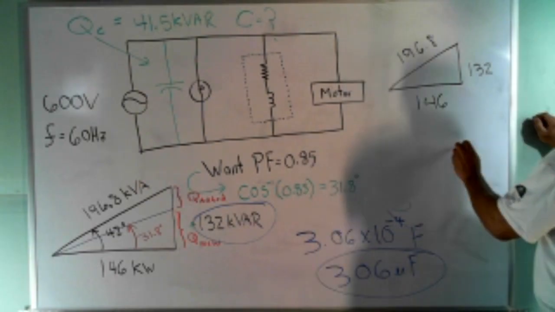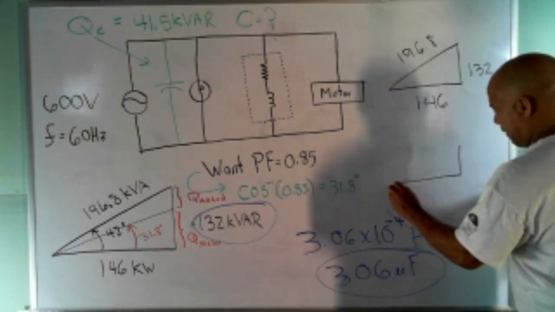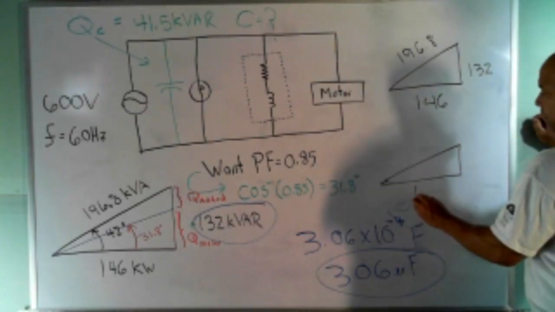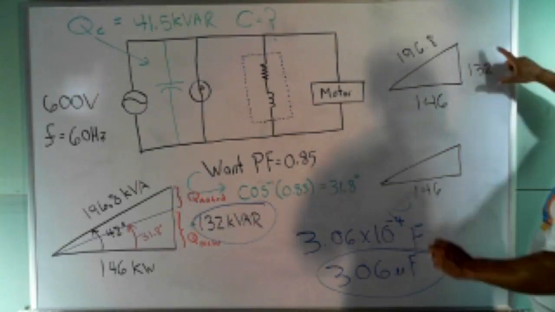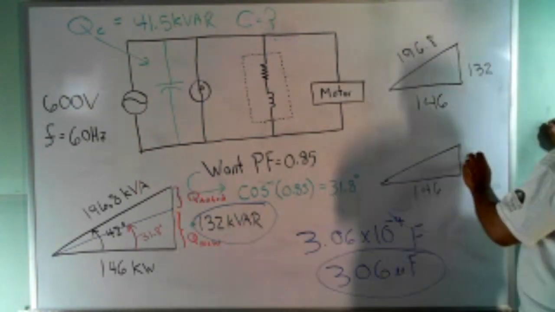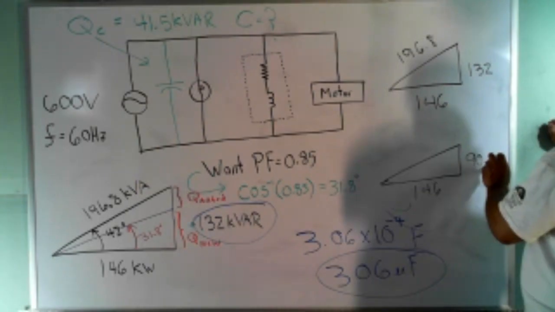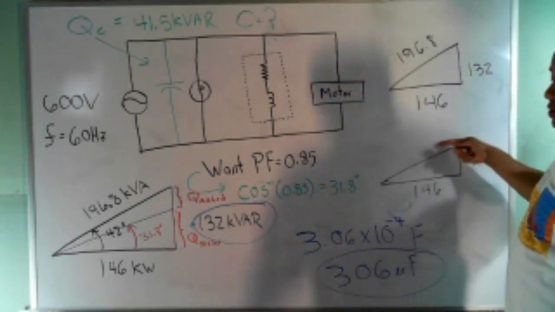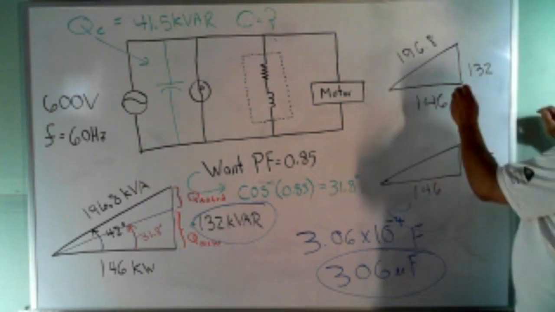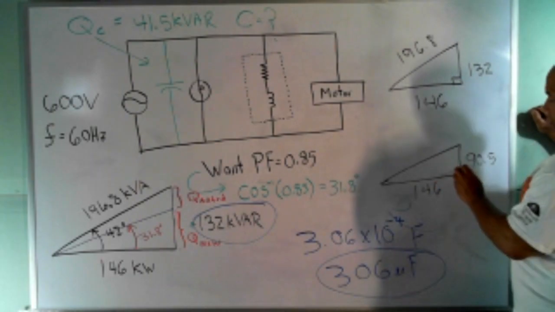After power factor correction, we still got 146 here, but we reduced that down to, I think it was 90.5. Now we got to get this new side right here. So somebody give me this side of our new triangle. And this is the right triangle. It's 171.8 kVA.